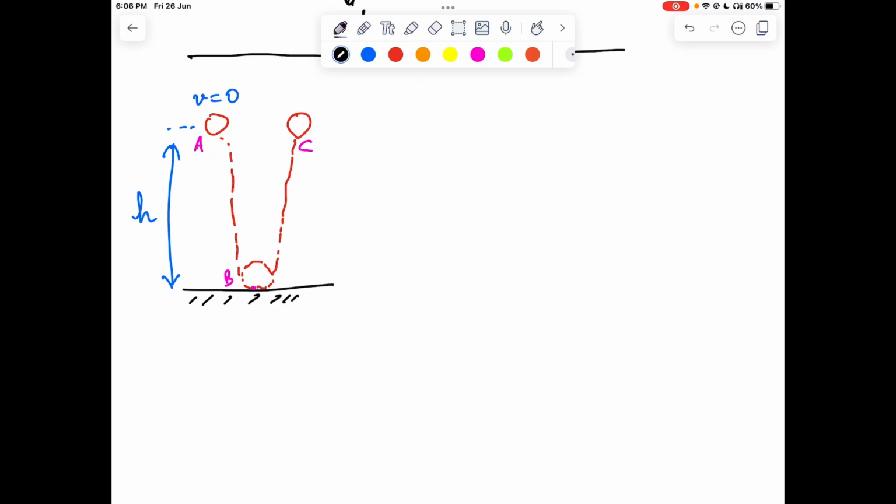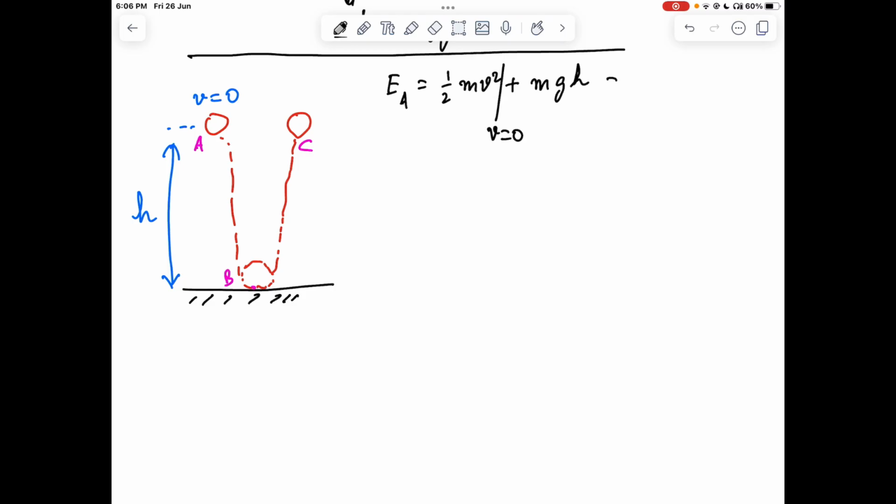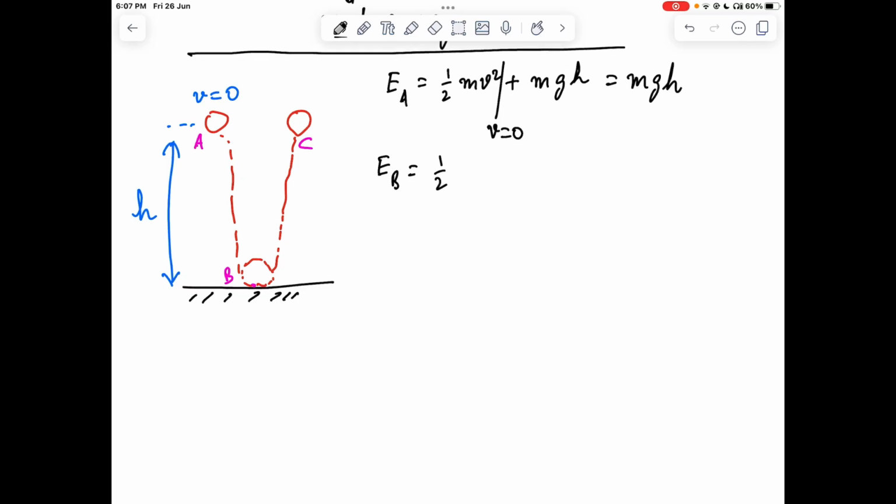Now, let's apply the work energy theorem in this case. At point A, the energy E_A is equal to half mv square plus mgh. Of course, at this point v is equal to 0, so this works out to mgh. Similarly, at point B, we have half mv square, where v is equal to v_B at this point, plus mgy, where y is 0.